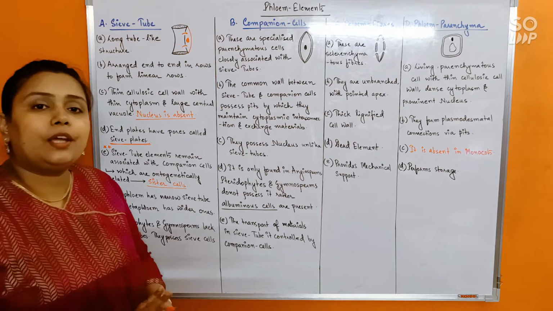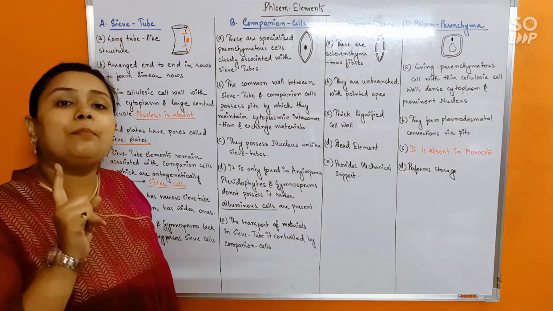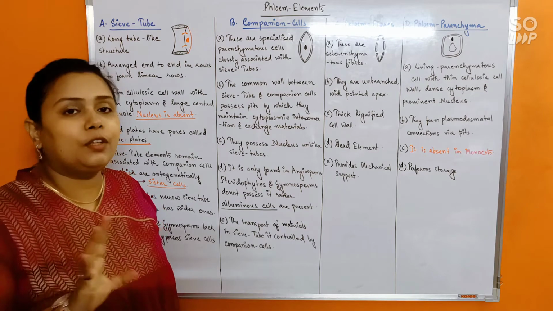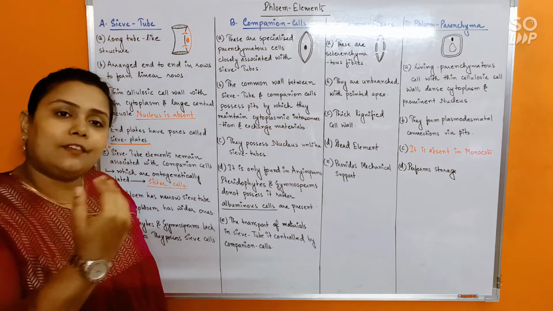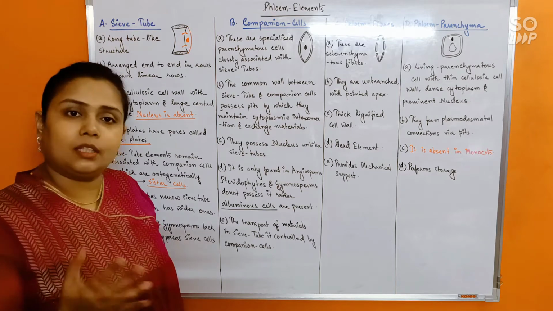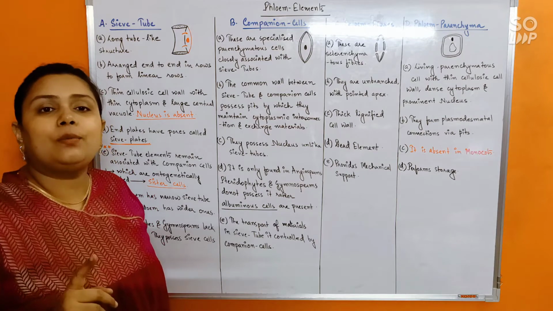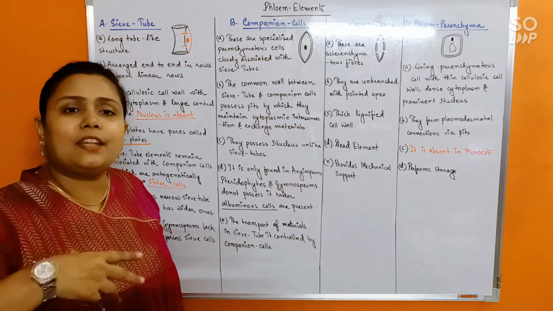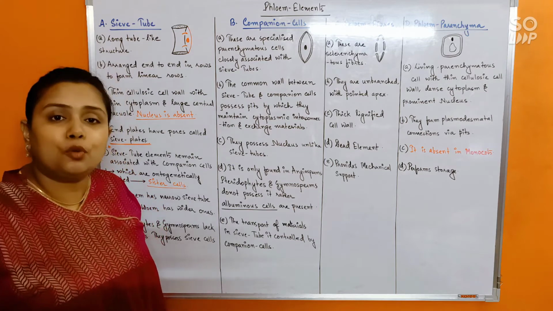Okay, I have told you here two important things. One is that the sieve tube is the main conducting element of the phloem. It will carry the food either from leaf to root or root to leaf. That is only done by the sieve tube. And because the sieve tube can carry materials in any direction, someone has to decide in which direction the food should move, isn't it?